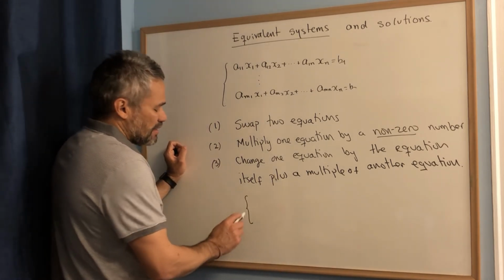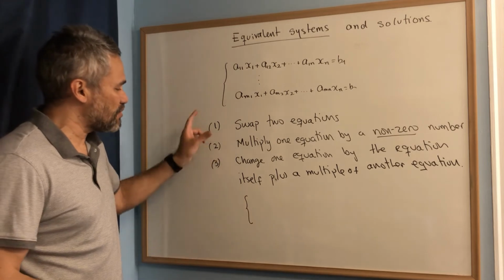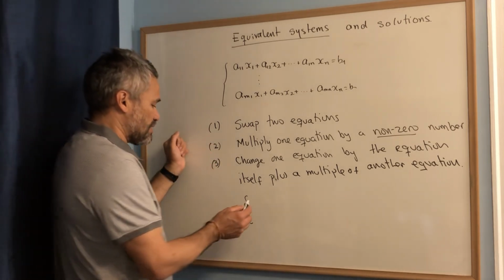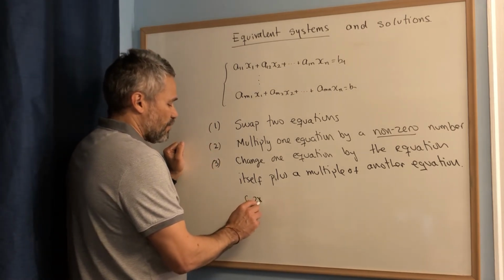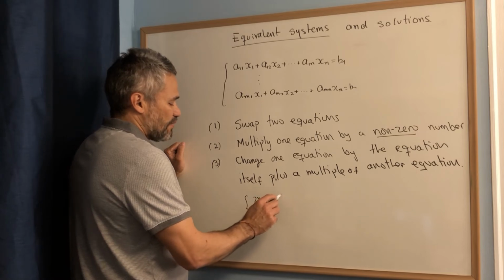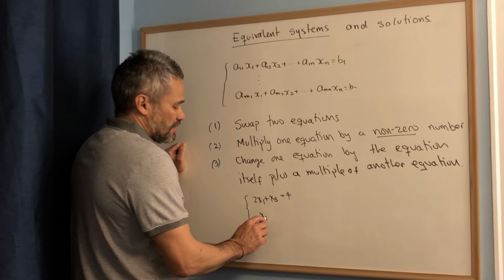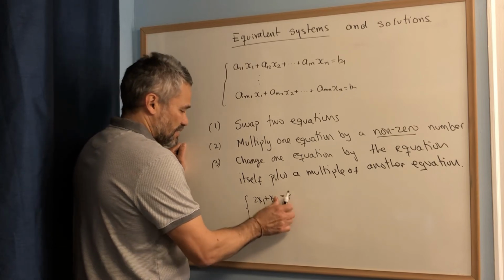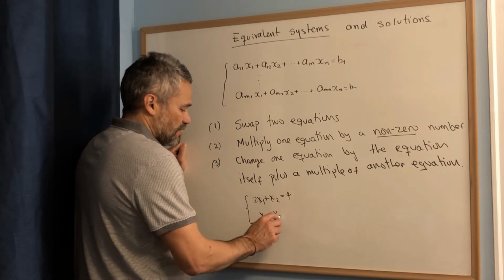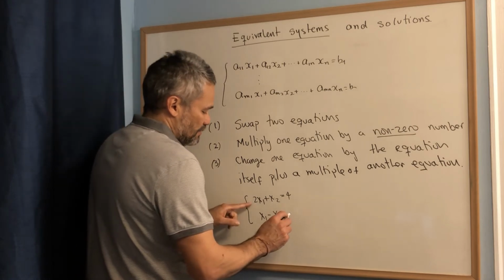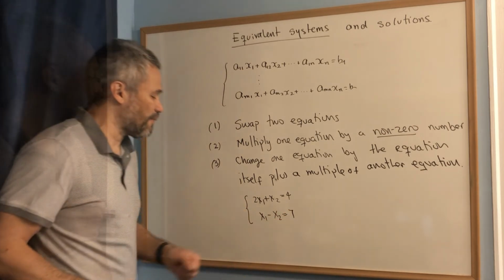And let me just solve a 2x2 system using these three things, and then we stop here. Let's suppose that we have 2x1 plus x2 equal 4, and x1 minus x2 equal 7.